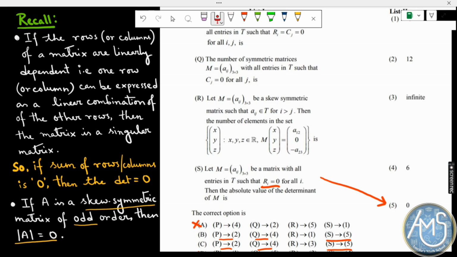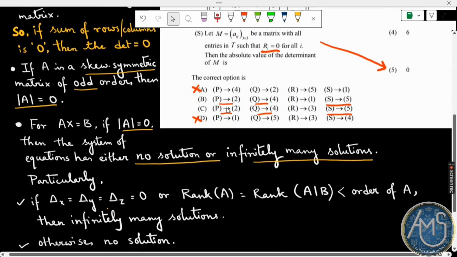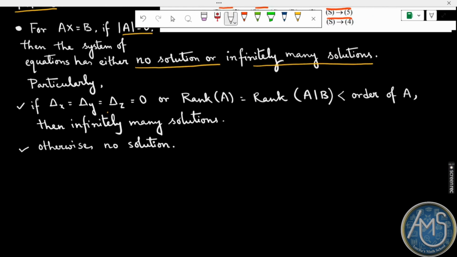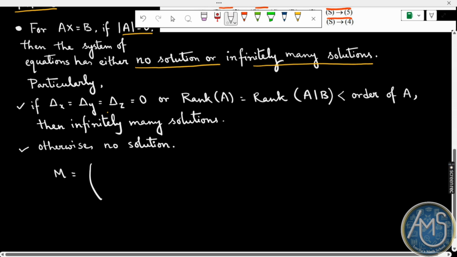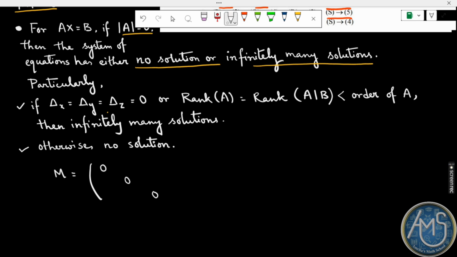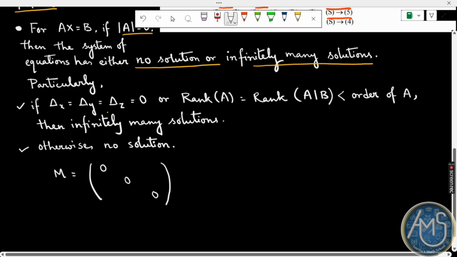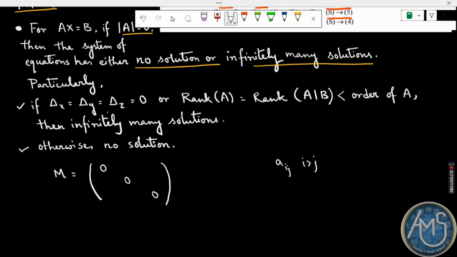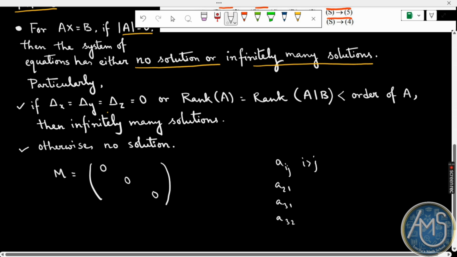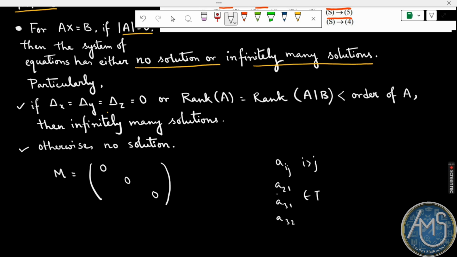Still, if you have any doubt, let's write. M is a skew symmetric matrix of order 3, so all the diagonal elements must be 0. And it is mentioned that Aij, if i is greater than j, like A21, A31, A32, are from T. Okay, so let's say A21 is A. No need to solve the given equation.